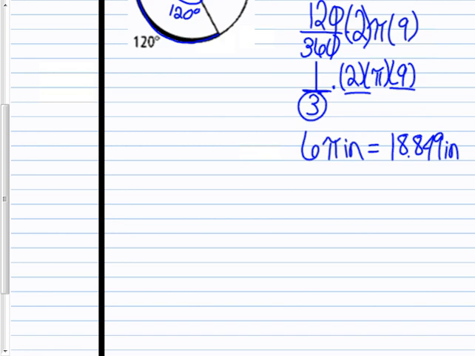So this formula right here is what you should be very, very comfortable with. 2 pi r, that's the circumference formula. All you're doing now is multiplying it by the measure of the angle or arc divided by 360. Again, basically all that you're doing is you're finding the part of the circumference. So you have to figure out what portion of the circumference you need.